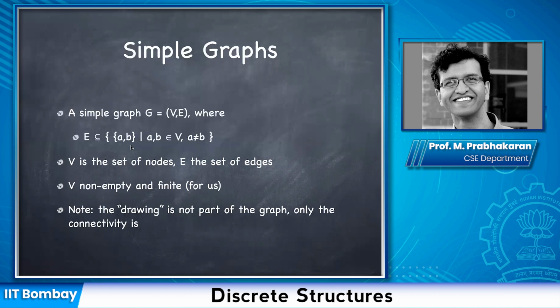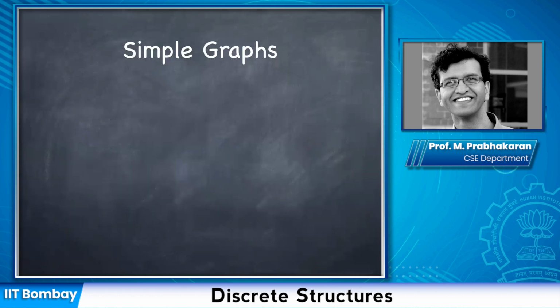It doesn't include the drawing of the graph, how you put down the nodes on a sheet of paper and draw a line or a curve between them to indicate an edge. Where you draw the nodes and how you draw the edges, that is not part of the graph. You could draw it differently and it would still be the same graph.